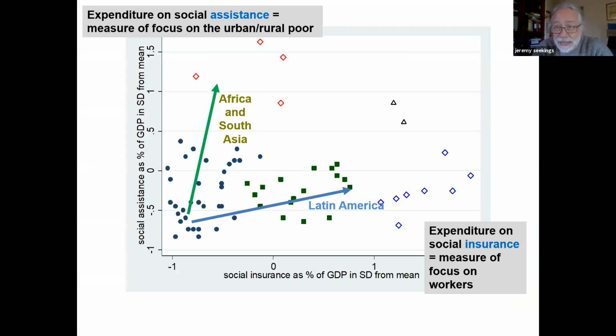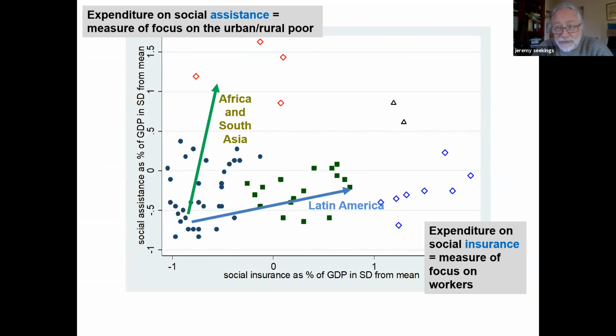Okay, so historically, this graph really tries to show, many of you have seen it before, how countries in the global south have expanded their welfare regimes really around the turn of the millennium. And they could either do so by expanding social assistance, which was a pro-poor measure, or by social insurance, which was a pro-worker measure.